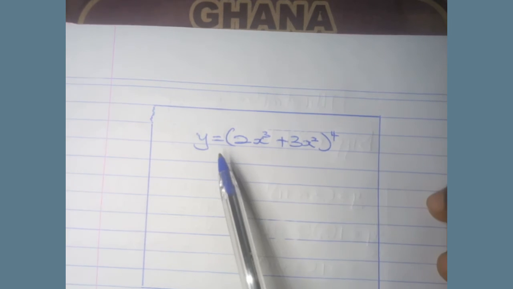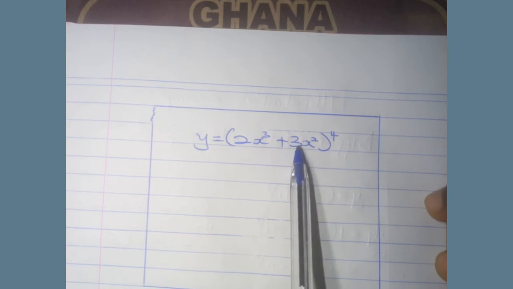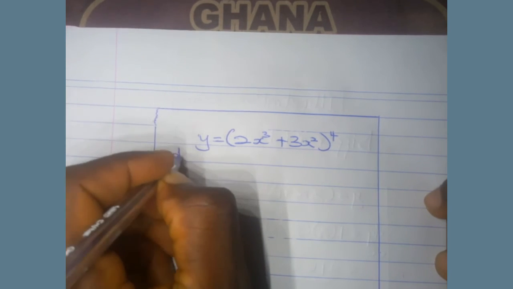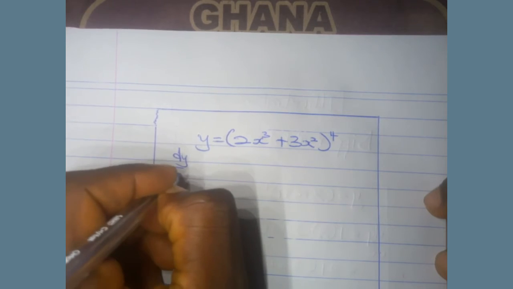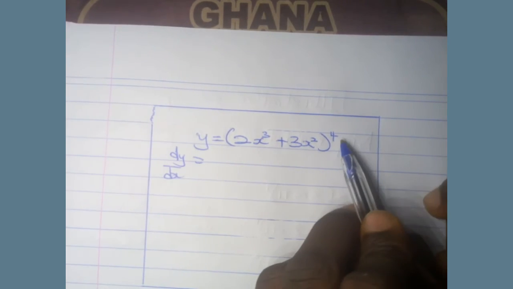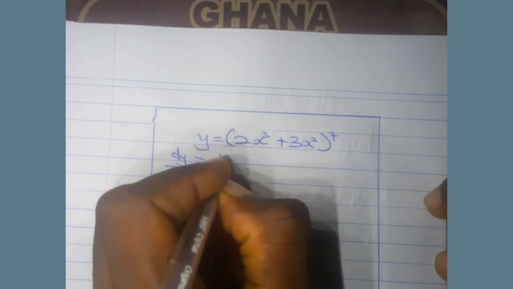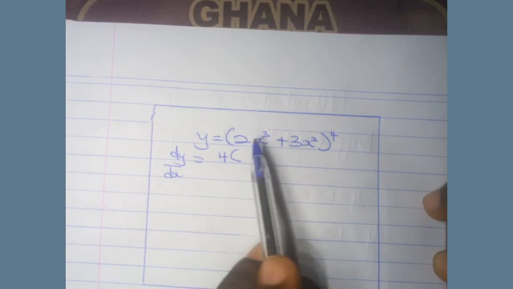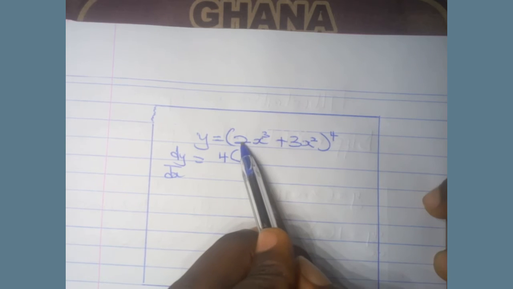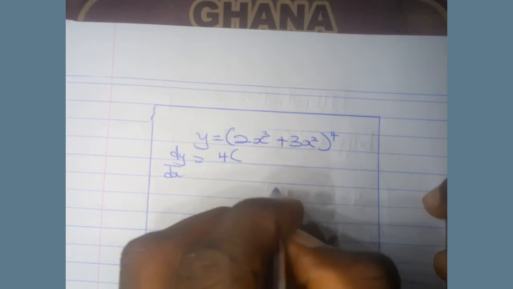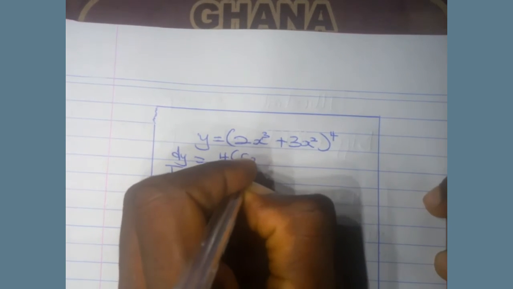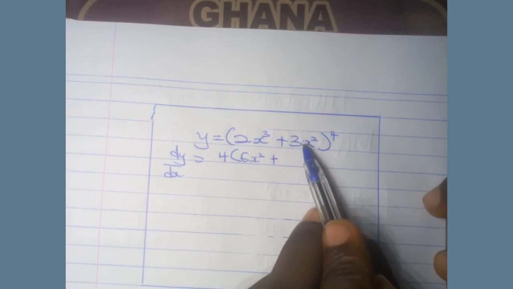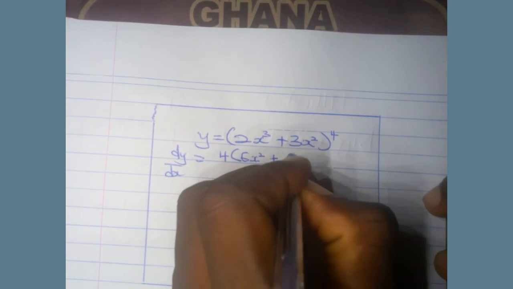Given that y is equal to (2x cubed plus 3x squared) all raised to the power 4, dy/dx is equal to this 4 first. After that, you differentiate the expression in the bracket. So you differentiate this one, 2x cubed. When I differentiate this, I'll get 6x squared, plus this one, 3x squared will give me 6x.